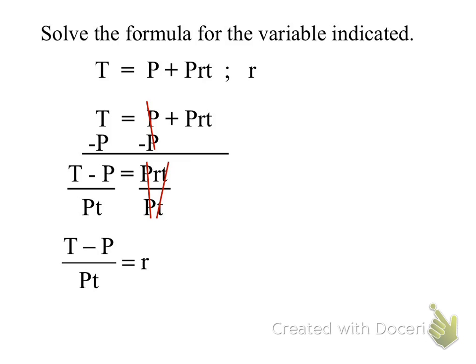Right, PRT is principal times rate times time. So what I'm doing is dividing out. When it's multiplication, it's like pi r squared height. They're all together, but because it's straight multiplication, I can divide both. Okay?